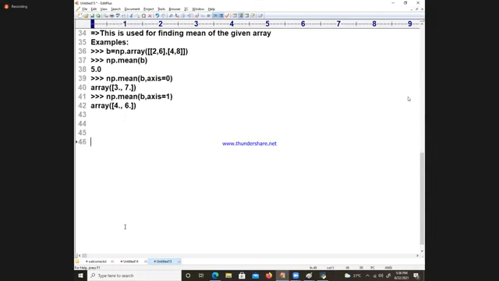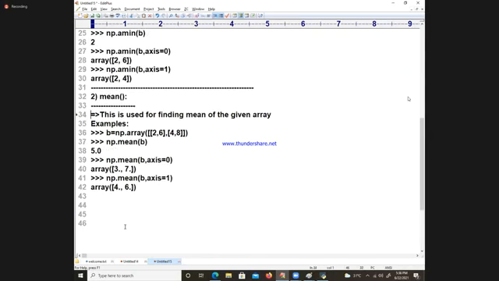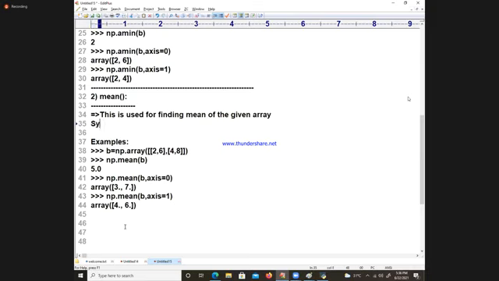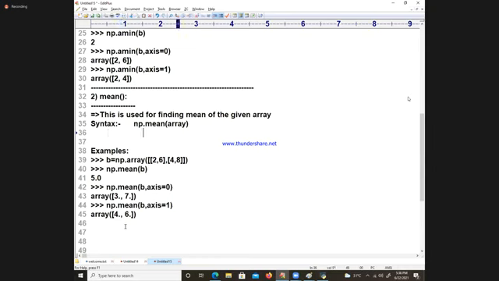In this case, I will write the syntax. What is the syntax here? np dot mean of array. Yes. One more syntax is what?